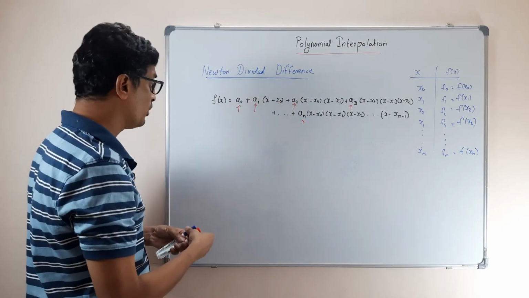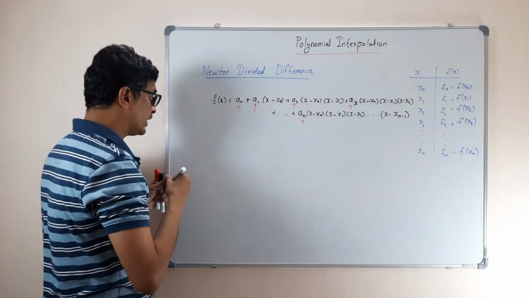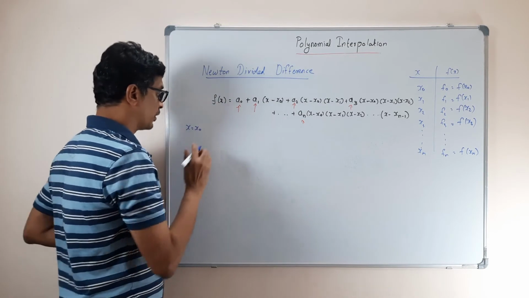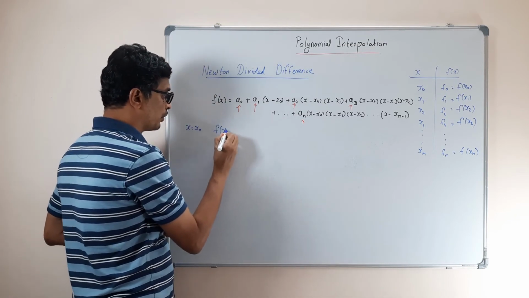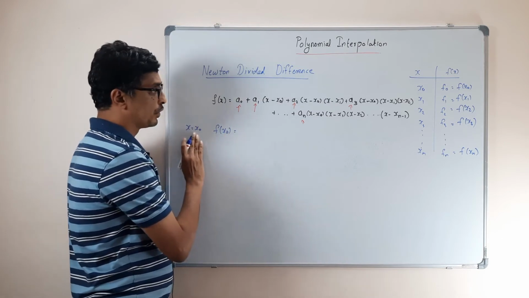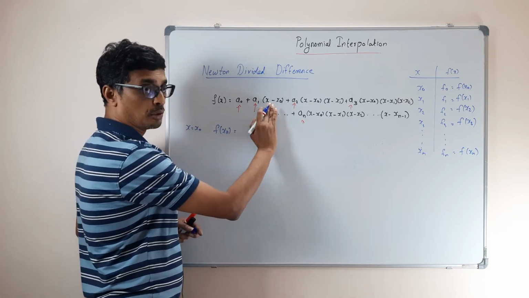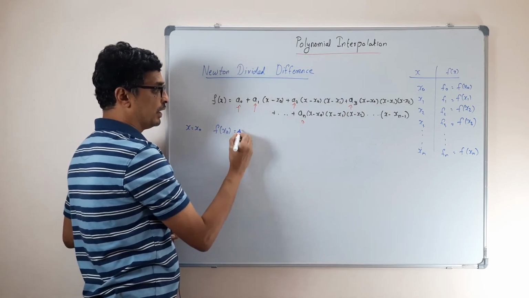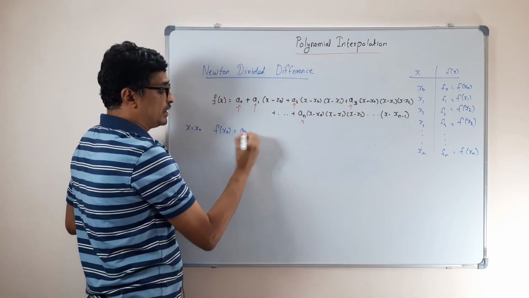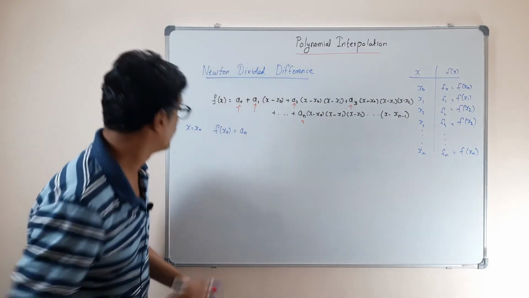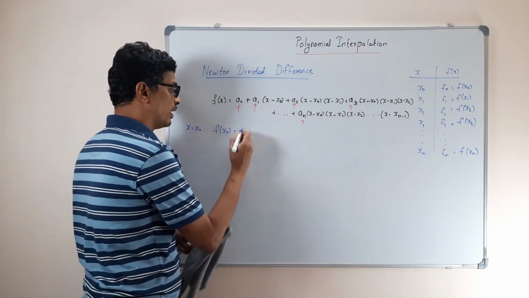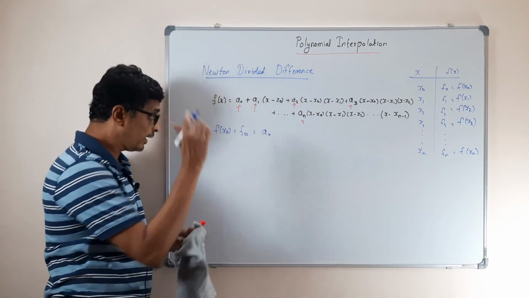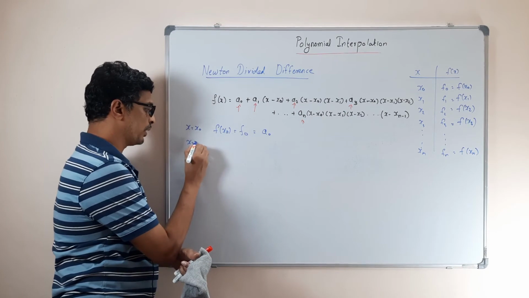Let us say the polynomial passes through when x is equal to x0. When x is equal to x0, all the other terms become 0, so what remains is only a0, which is nothing but f of x0. Let us go for the next one, x is equal to x1.